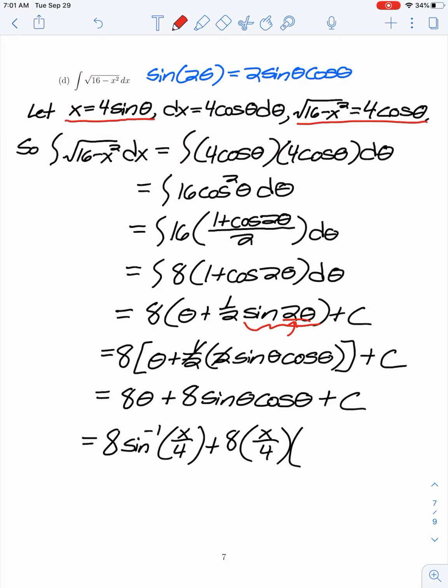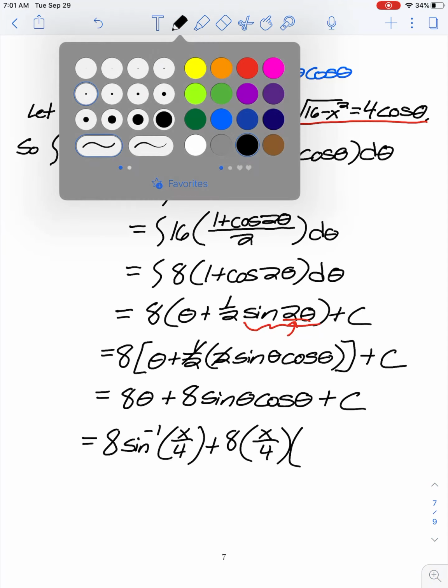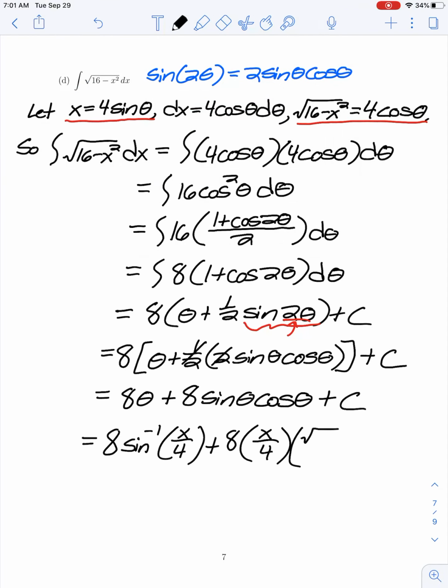Now, if I look back at my earlier work, I have this equation involving cosine of theta. So to solve for cosine theta in terms of x, I could just divide this equation through by 4, and I'm left with the square root of 16 minus x squared over 4. And then I've got my plus c on the end.